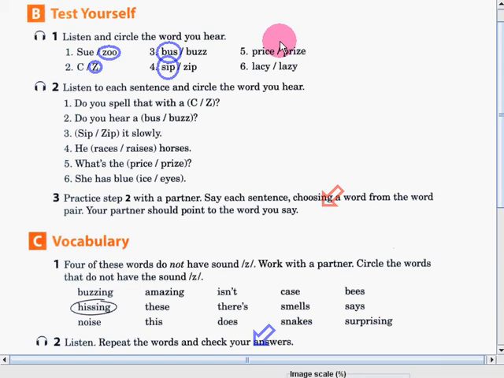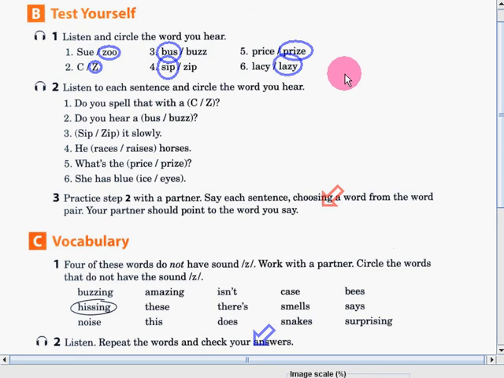Very good. Number 6. Lazy. Great. So, you've answered all the questions here correctly. So that means that you can hear the difference between S sound and Z sound.